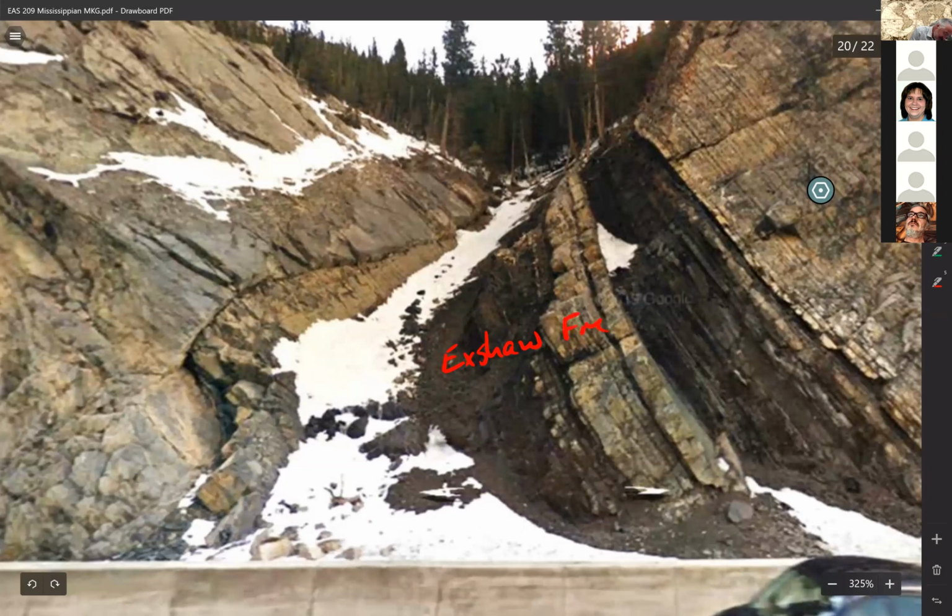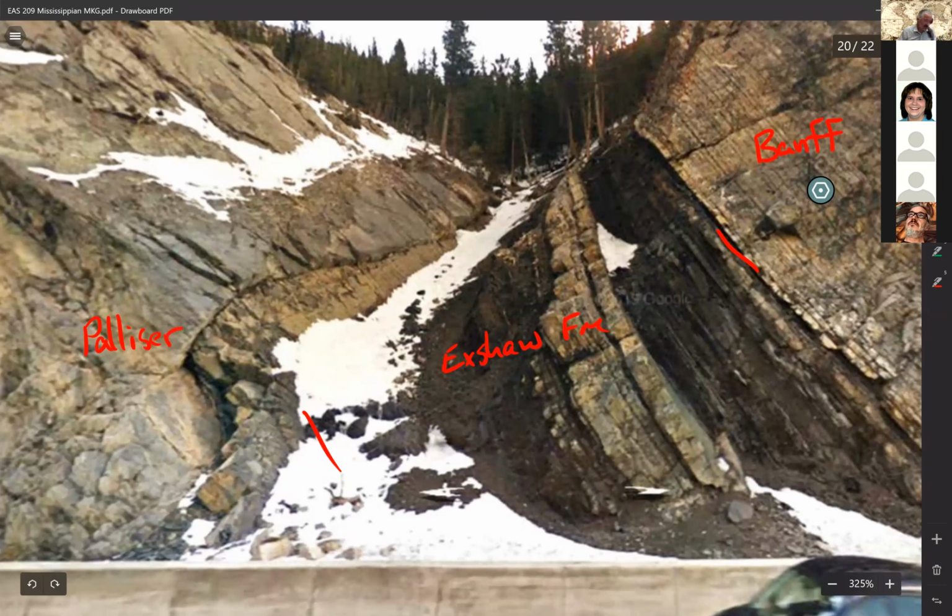For simplicity, we'll call this all Exshaw. So on top of this must be the Banff Formation. It has a characteristic look of the Banff where it's a little shaly and limestoney at the bottom, and then as you go up, it tends to turn into more of a limestone. And then below this is that Devonian unit, the Palliser.